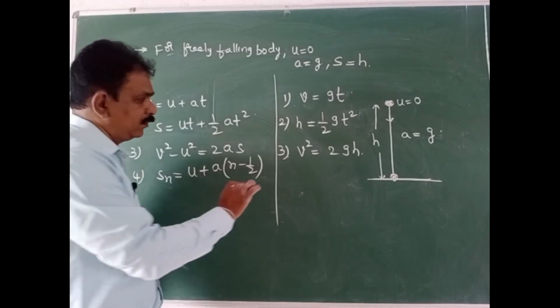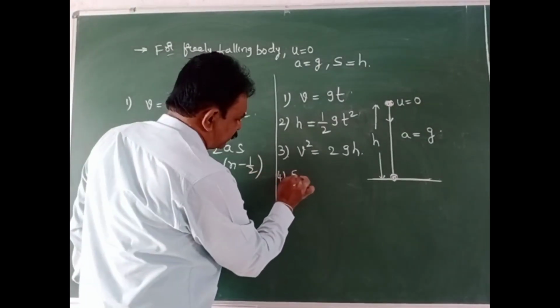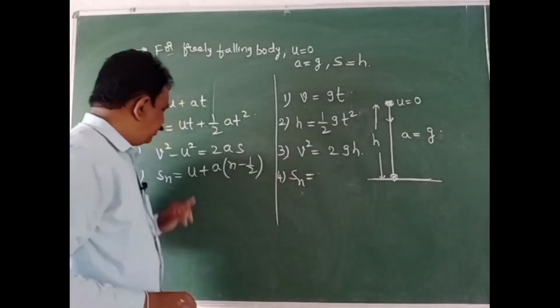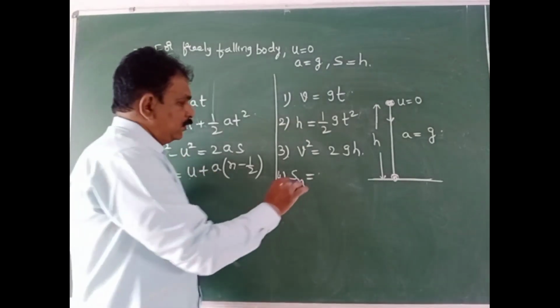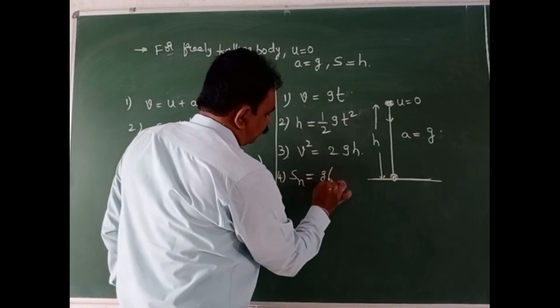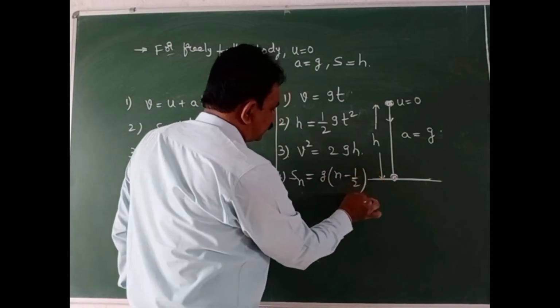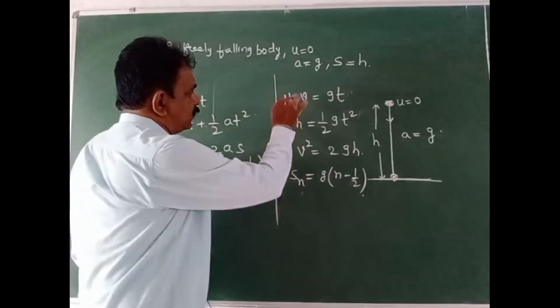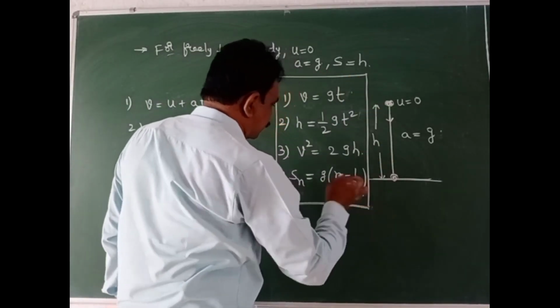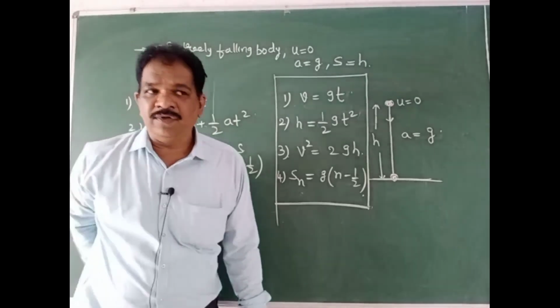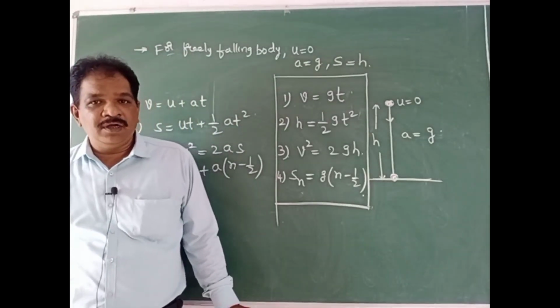Fourth one, Sn, keep it as Sn. U 0, a value g. So g into n minus half. So these four are called as the equations of motion of a freely falling body.